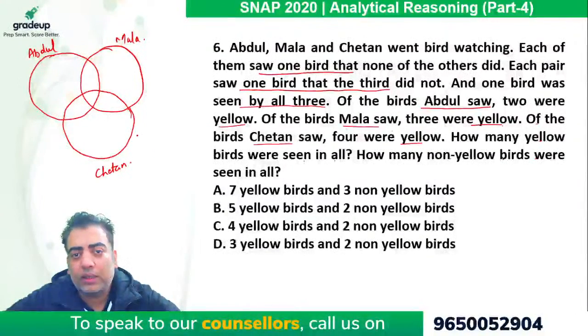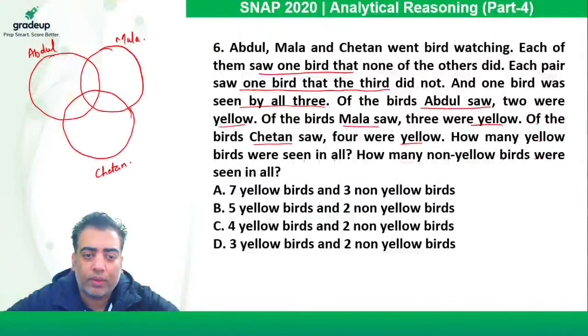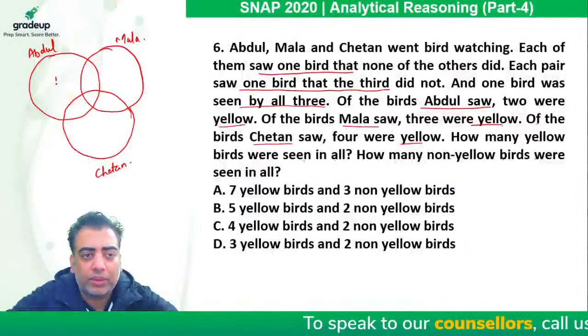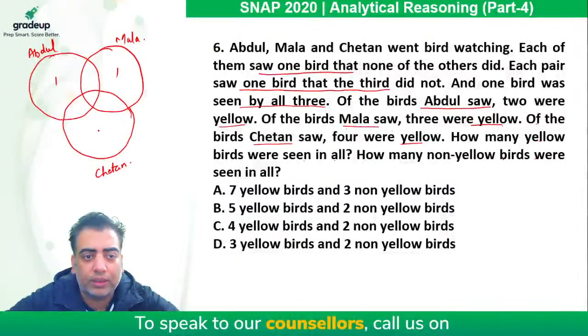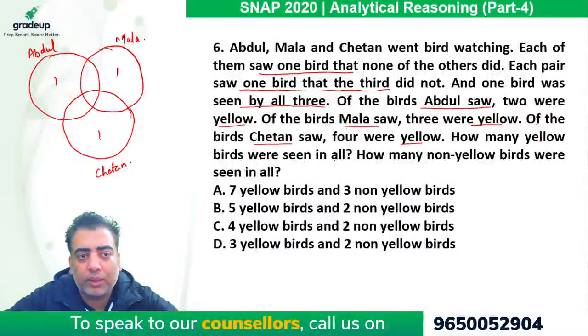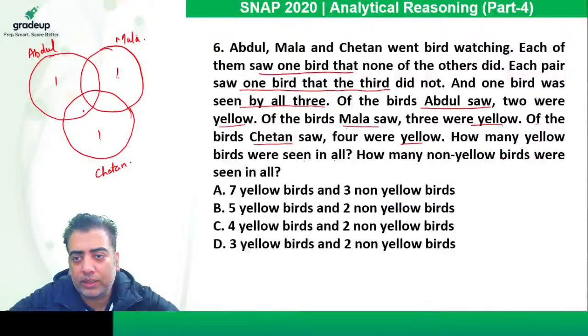Right. First statement says each of them saw one bird that none of the others did. Right. So it means here the value comes out to be 1, 1, and 1. So the bird was seen by only Abdul and no one else. Right. So this bird was seen by only Mala and no one else.